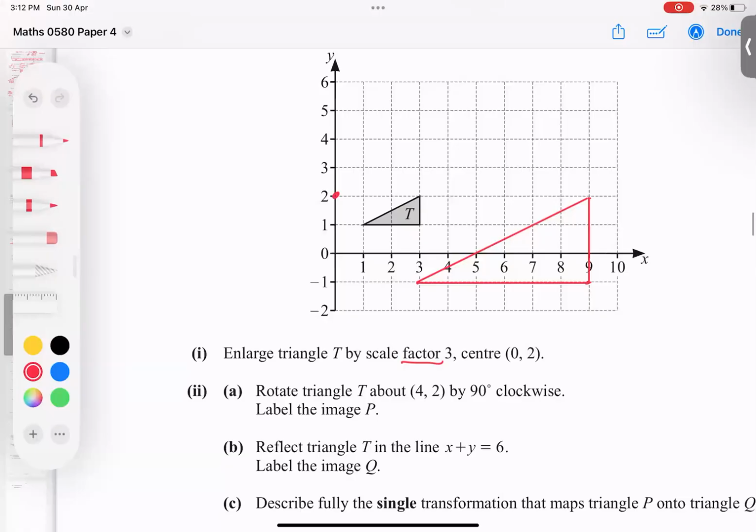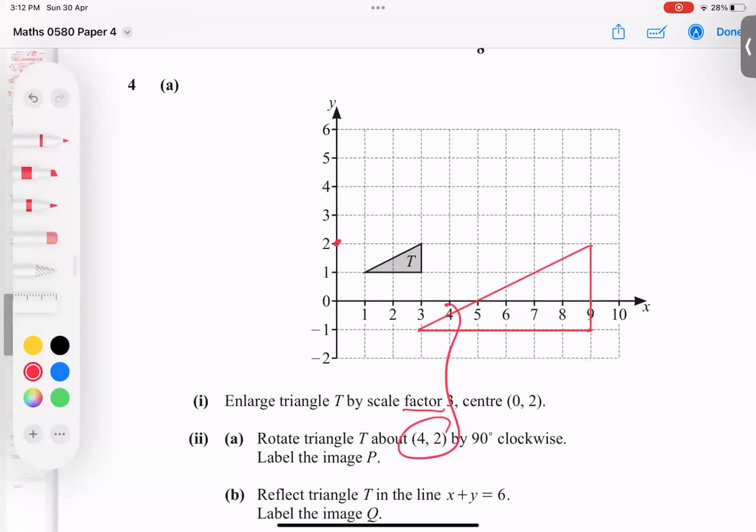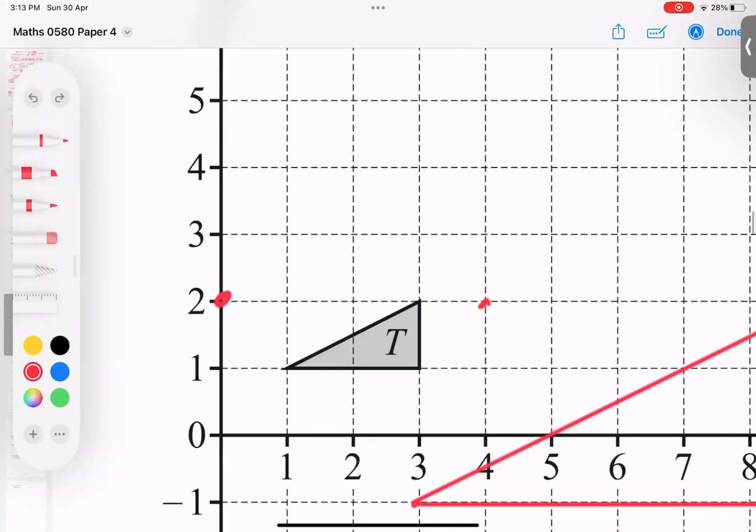It's done. He's saying rotate the triangle about center 4, 2. Where is 4, 2 center? X is 4, Y is 2, means here. And 90-degree clock. This is called clockwise. As a teacher, I can't show you on tracing paper, but I tell you box method, counting 90-degree clockwise. So what is this point?